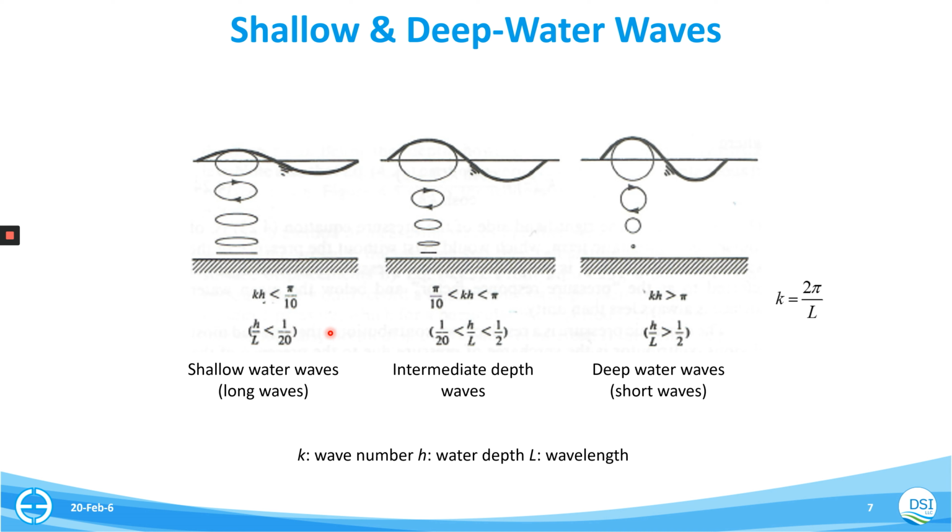One of the main points is that it's not the actual water depth that defines shallow water waves or deep water waves. It's this relative water depth that defines them.